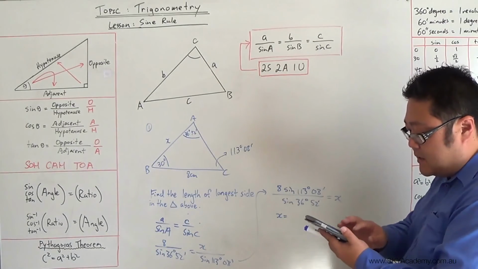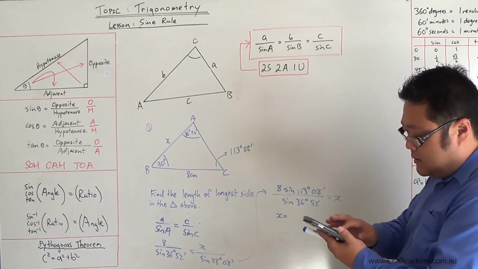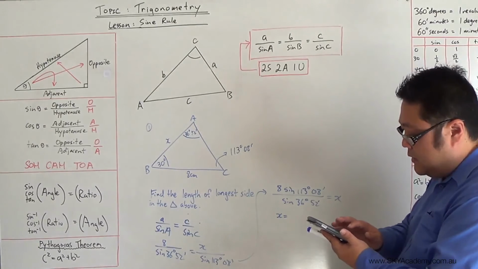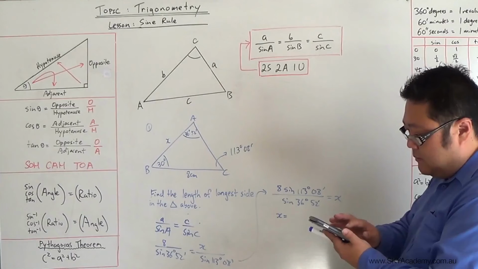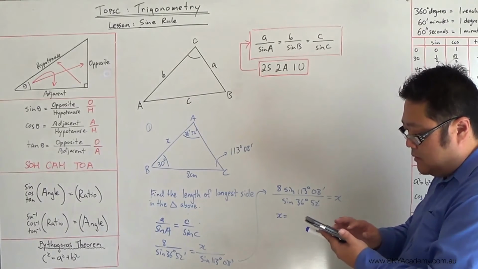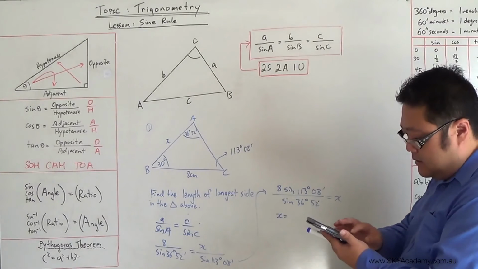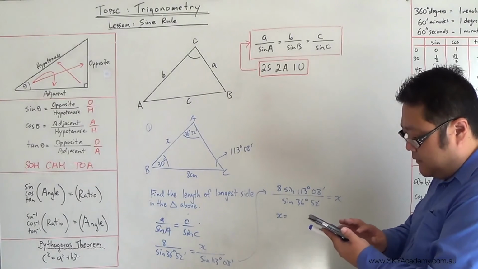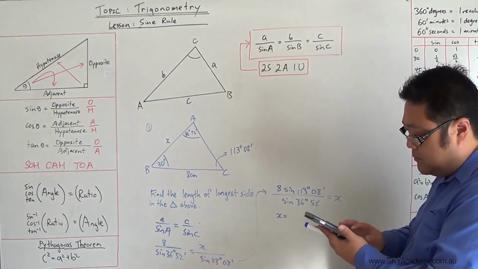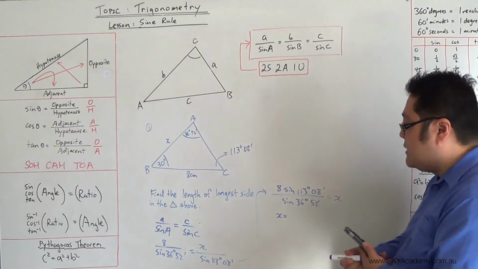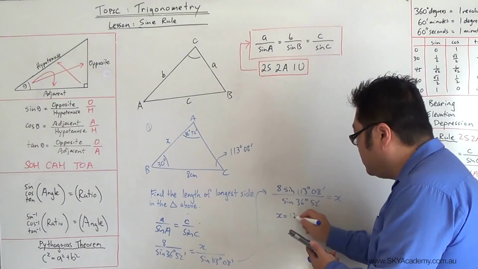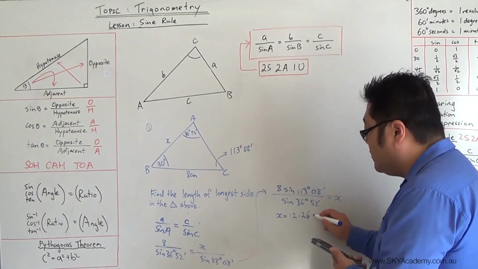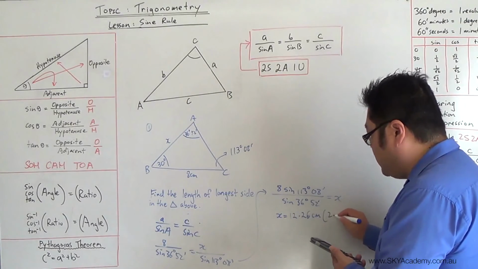We type into the calculator 8 times sine 113 degrees 8 minutes, divided by sine 36 degrees 52 minutes, close brackets, equals, and that gives you an answer of 12.26 centimeters to 2 decimal places.